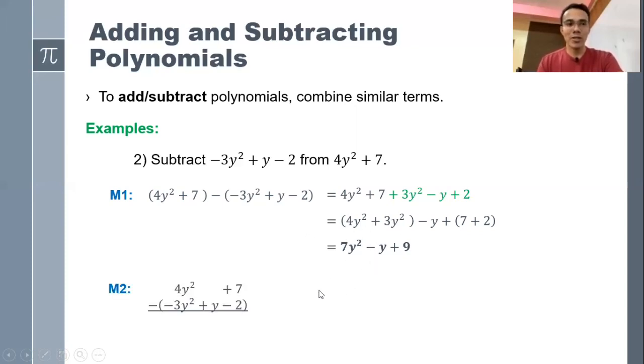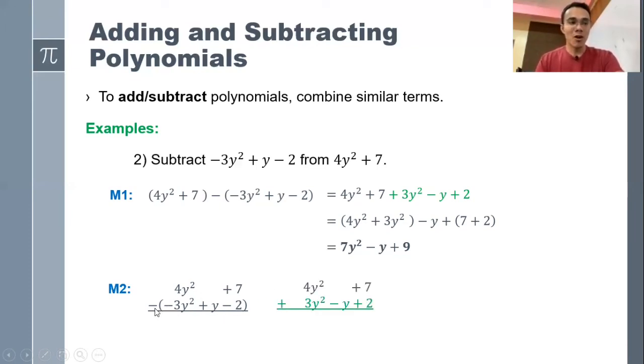And for method number 2, we have 4y squared plus 7 minus negative 3y squared plus y minus 2. Again, if we're going to do method number 2, make sure that similar terms are aligned. Before we can combine similar terms, we have to distribute first the negative sign to each of the terms inside the grouping symbol.